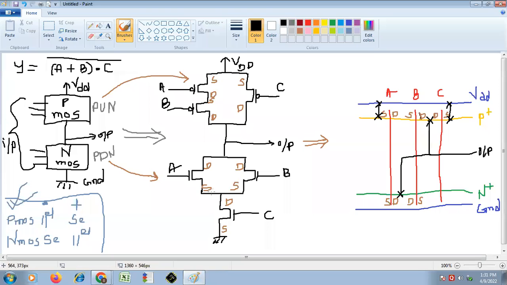Now the source of A and the source of B we have to connect to the drain of C. If you consider this C, we will consider this as the drain of C, and this is the source of C. So the source of A, this one, and the source of B, that means this one, are connected to the drain of C. The source of B is already connected, so we have to simply connect this connection.